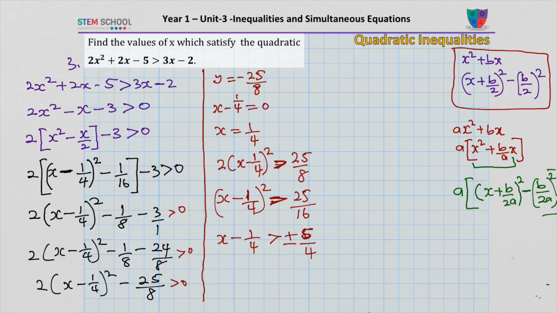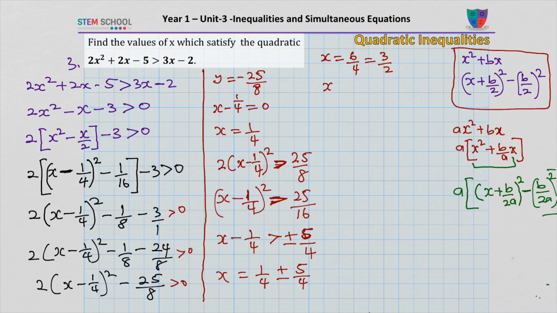Now I need to add a quarter to both sides. So I get x equals a quarter plus or minus 5 over 4, and that will give me the value of x. x equals 6 over 4, which is 3 over 2.